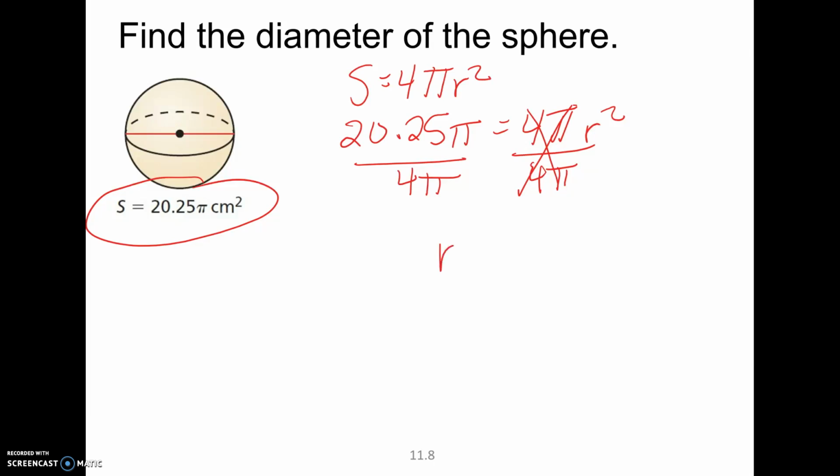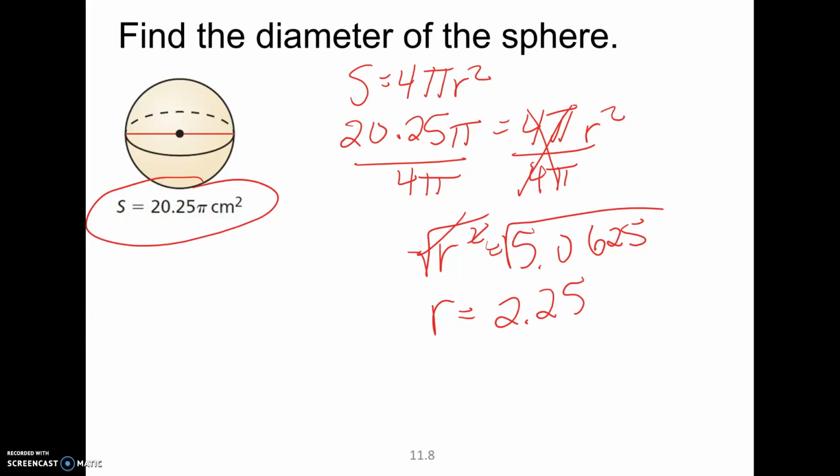And I get that r squared is equal to 5.0625. And we take the square root of both sides to get r by itself. And that's 2.25. Okay, now if I have the radius as 2.25, I'm just going to take that and multiply that times 2 to get my diameter, which would be 4.5 centimeters.